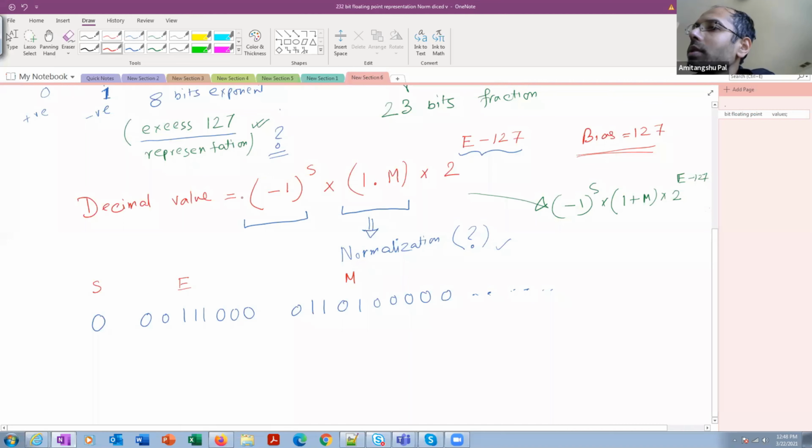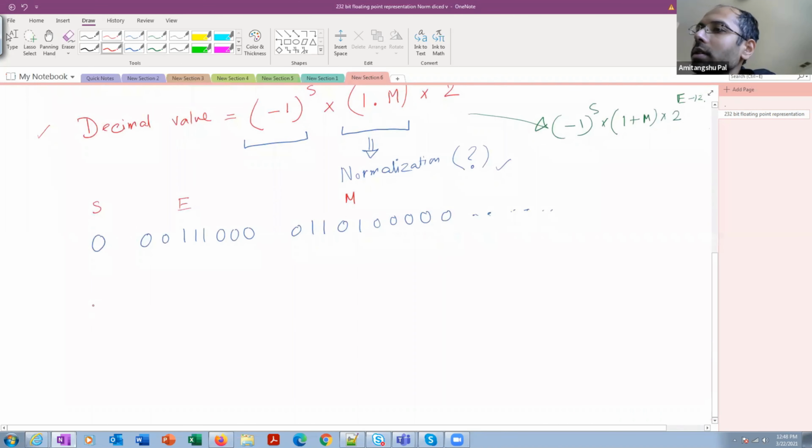Next, I'm going to use this formula. So the corresponding decimal value is -1 to the power 0 into 1 point mantissa. So I'm writing 0, 1, 1, 0, 1. All the remaining zeros I'm ignoring because these zeros are anyway after the point.